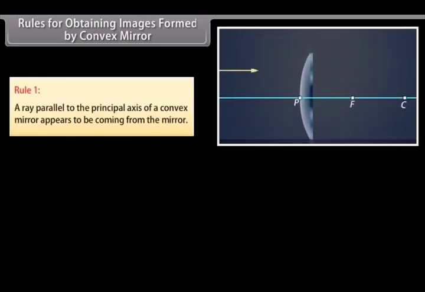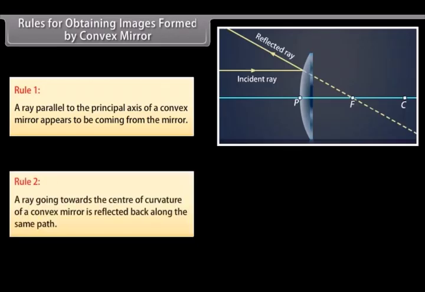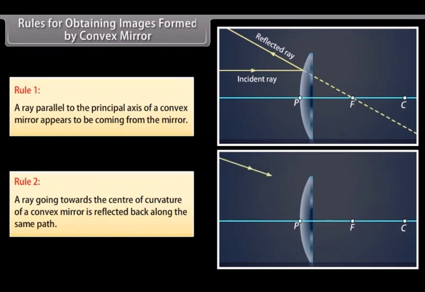Rules for obtaining images formed by a convex mirror. Rule 1. A ray parallel to the principal axis of a convex mirror appears to be coming from the focus behind the mirror. Rule 2. A ray going towards the center of curvature of a convex mirror is reflected back along the same path.